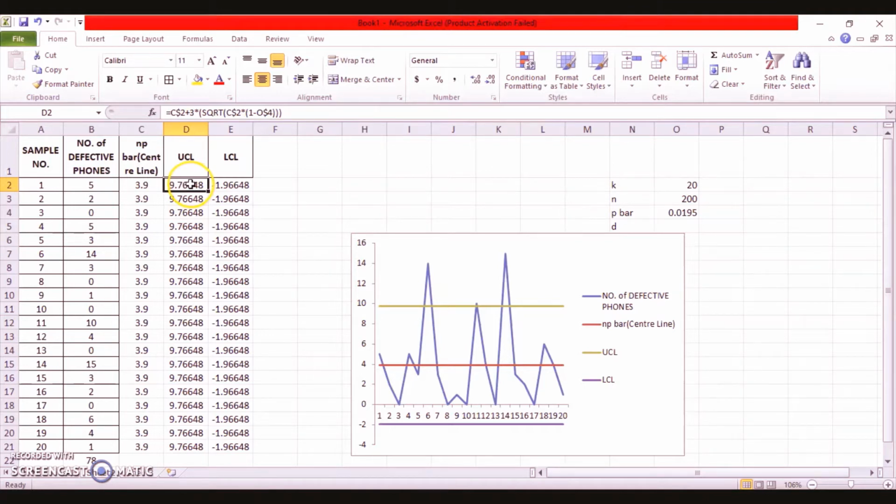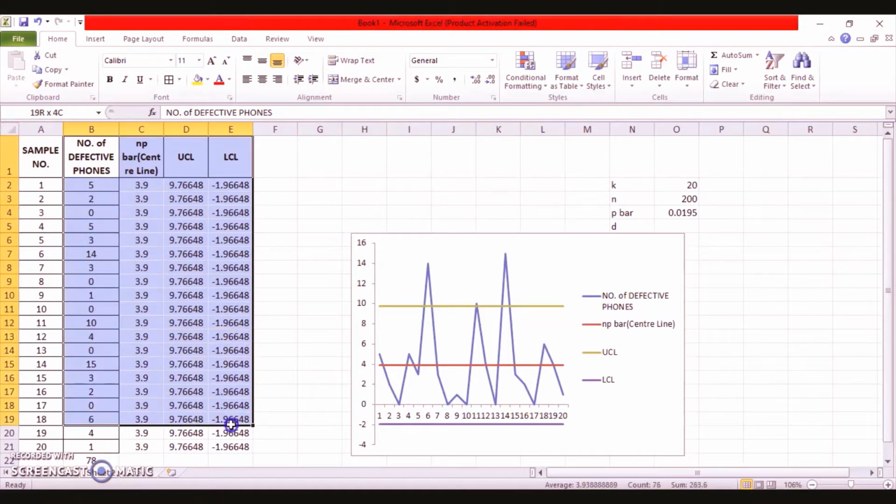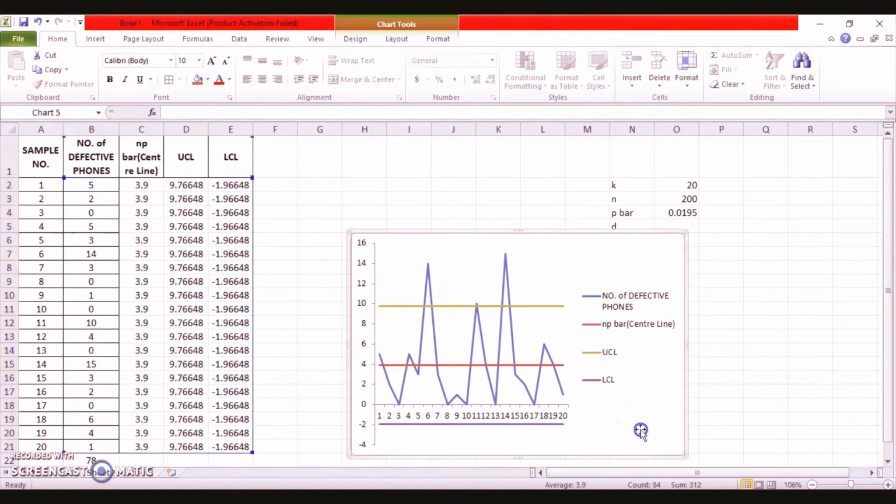So using that formula we calculate upper control limit, and then for the lower control limit, np bar minus 3 square root of np bar into 1 minus p bar. So with the help of these formulas and functions, we were able to find out the control limits. So using the number of defective phones, np bar value, upper control limit, lower control limit, we plotted this line graph, and this is your np chart.